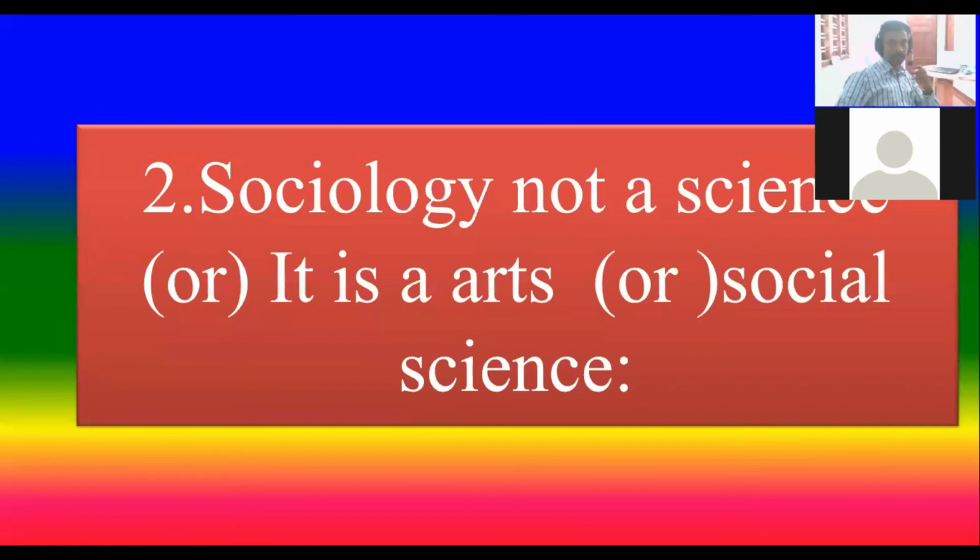Students, Auguste Comte used the concepts of anatomy of sociology and physiology of sociology. Anatomy means the components of society: family, religion, education, economic system. These are all components of anatomy, which is a fact, science. It cannot change.